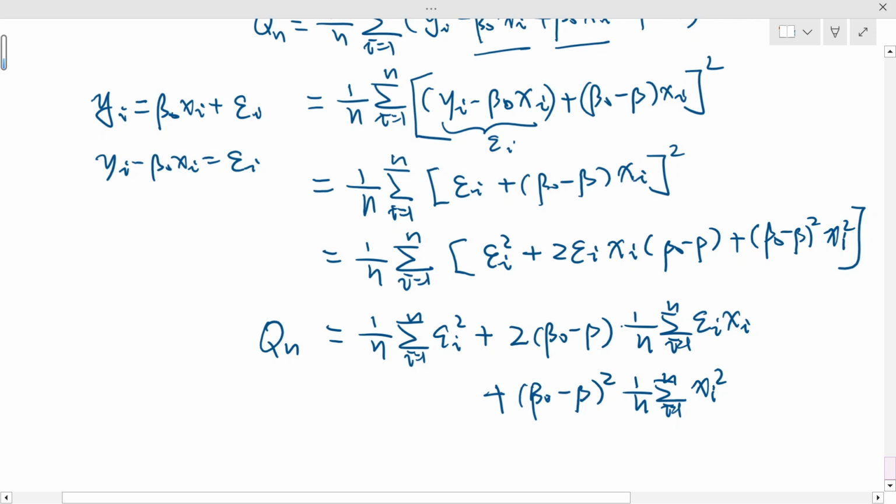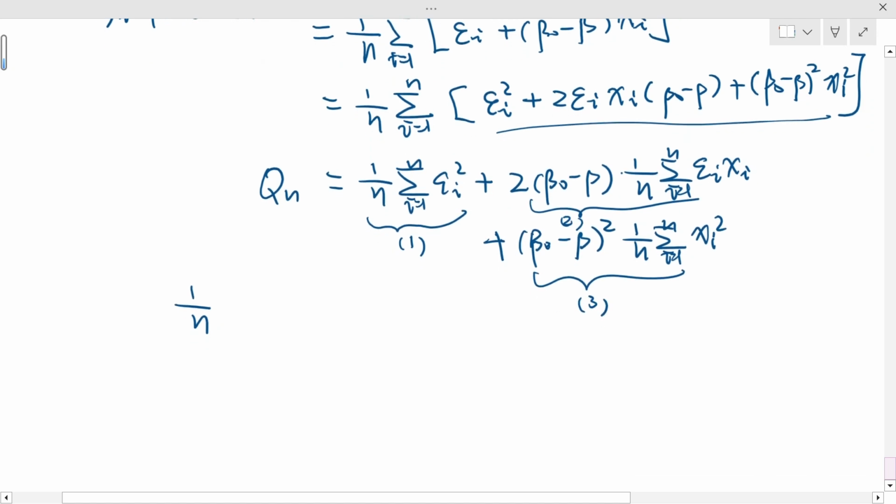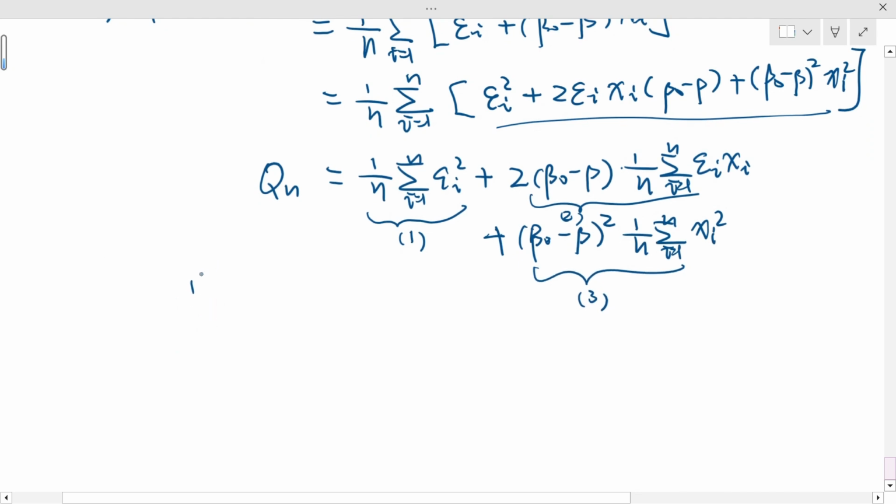I just expand this sum. Now note that the law of large numbers says that this is the average of n independent and identically distributed random variables, and it converges in probability to its expectation. Let's call the terms term 1, term 2, and term 3, and look at them separately.